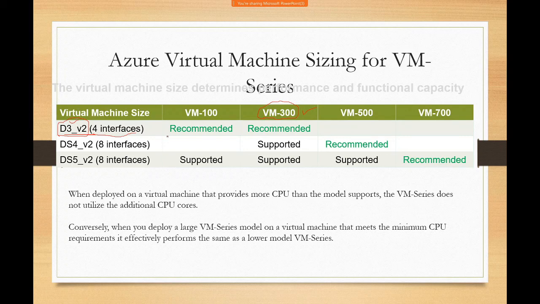As per Palo Alto, the recommended size for VM 100 is D3 v2. As mentioned, it's recommended. For the VM 300 it is also recommended. But for VM 500, the recommended size is DS4 v2, and it can support a maximum of 8 interfaces.